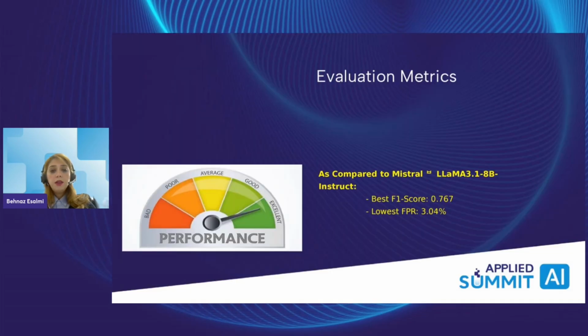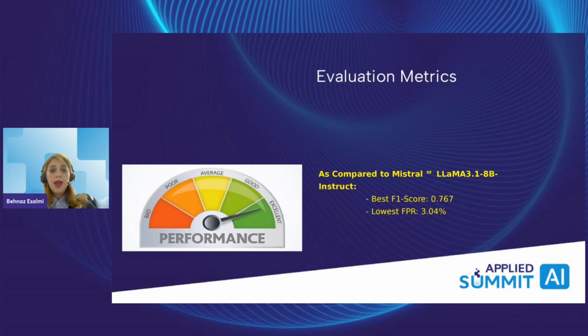After calculating the metrics for LLaMA, Mistral, and cTAKES, as compared to Mistral and cTAKES, LLaMA had better results. Actually, it had the best F1 score with the lowest false positive rate.